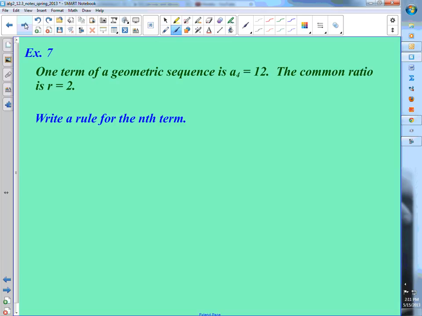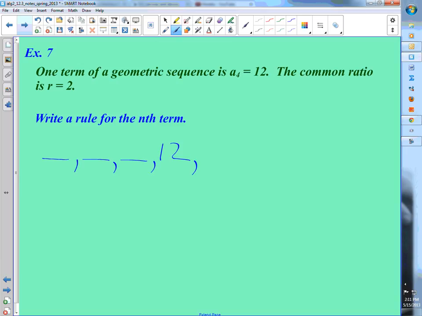Now, I'm going to show you 2 ways to do this. I don't really care which way you do this, but the first way that I show you is probably not the best way to go. What you're looking at is blank, blank, blank, 12. And R is 2.